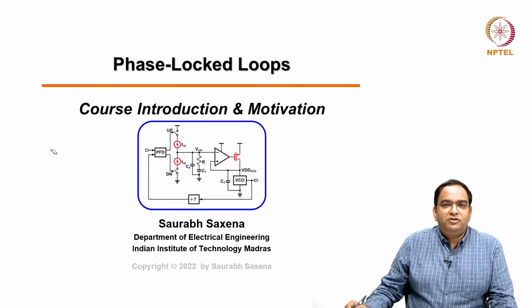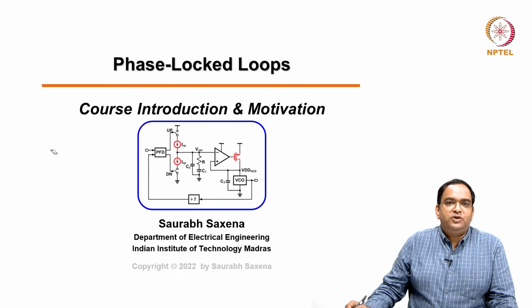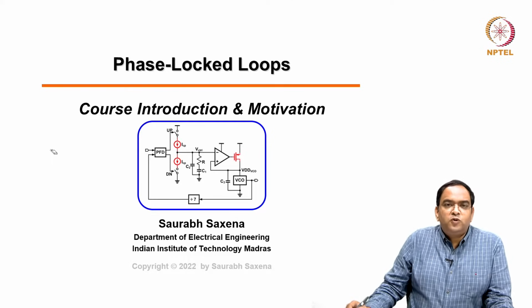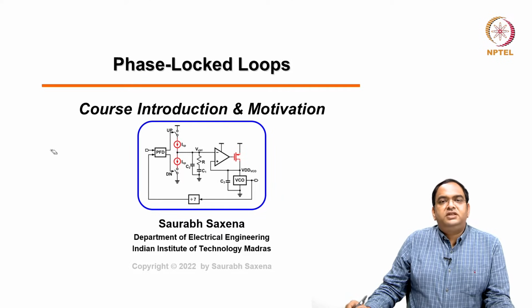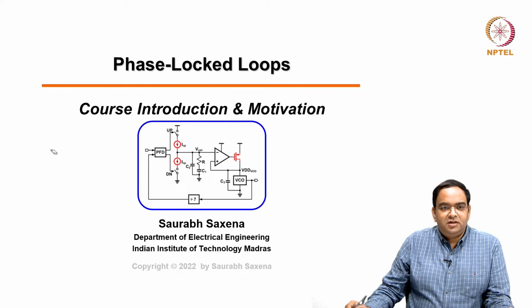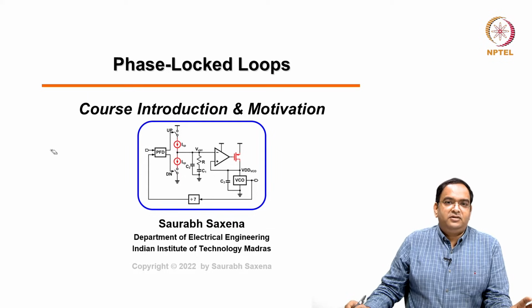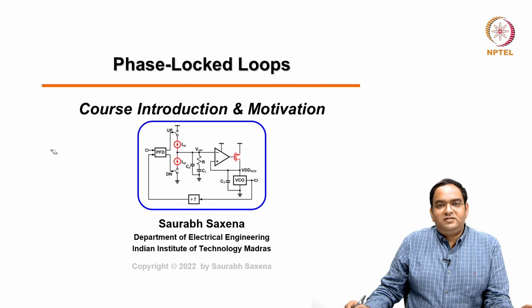You cannot think of using an atomic clock in every device which you are using, right. So, phase lock loop course is about the generation of such clock signals which are needed in different applications, and these signals should be generated accurately as desired by that application, okay, and these are periodic signals.